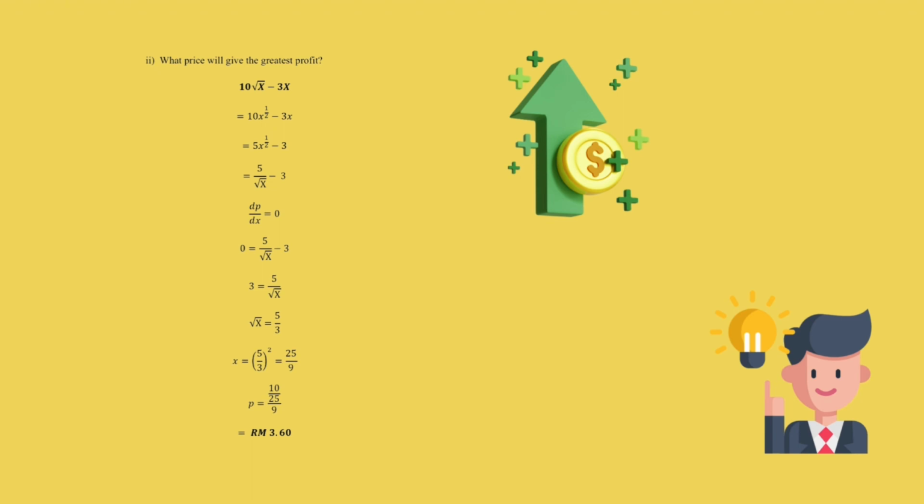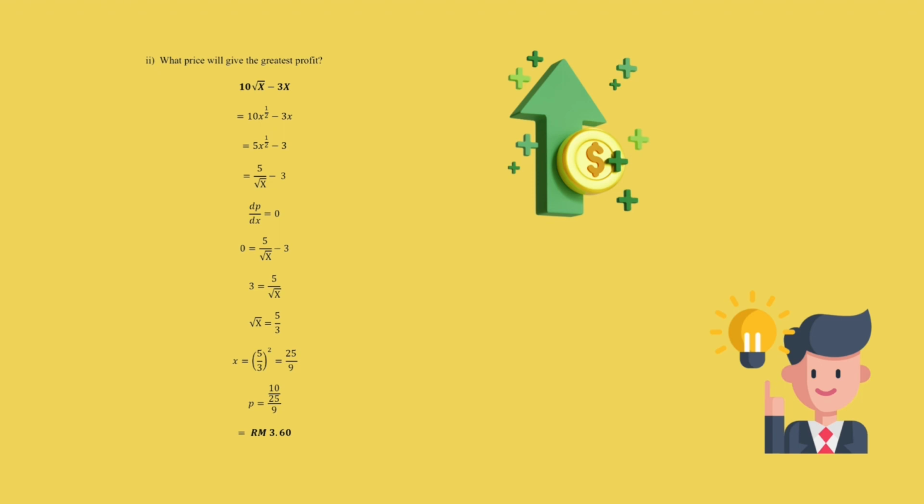Differentiating, we get 5x to the power of negative 1 over 2 minus 3, where 5 comes from 10 times 1 over 2, which equals 5 over square root x minus 3. We denote this as dP over dx equals 0.